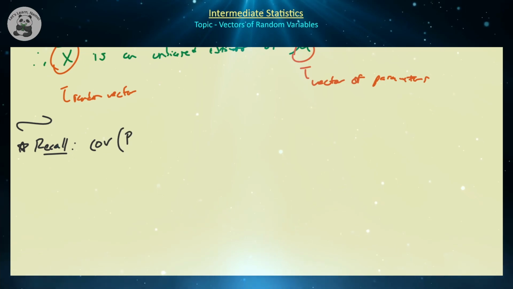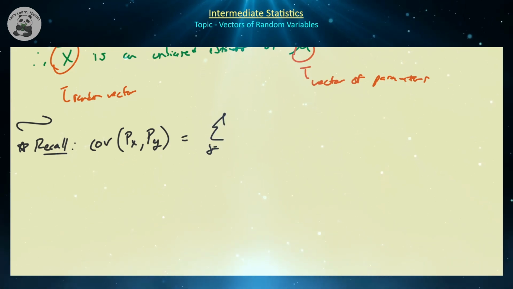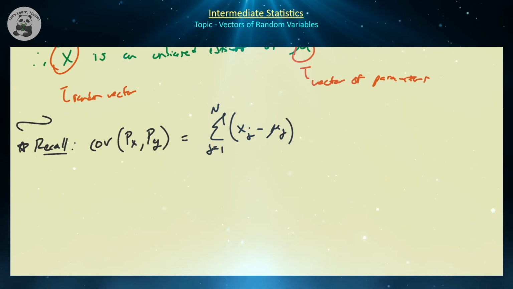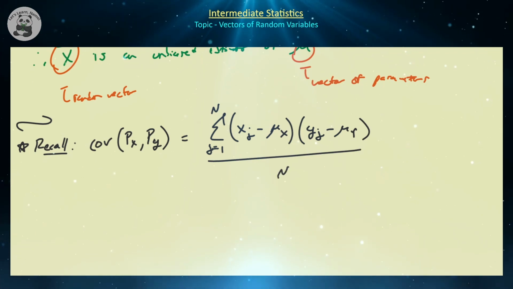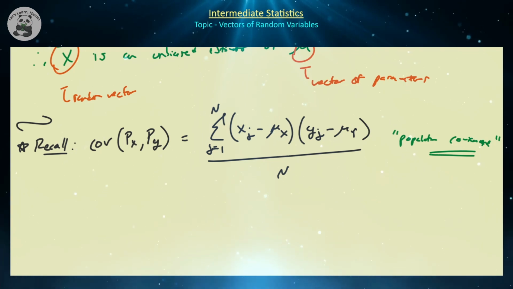The covariance between a population set of values x and a set of population values y was found by the sum from j equal to 1 to capital M of xj minus mu x times yj minus mu y, all over capital M. And this is what we referred to as the population covariance between two numerical populations.